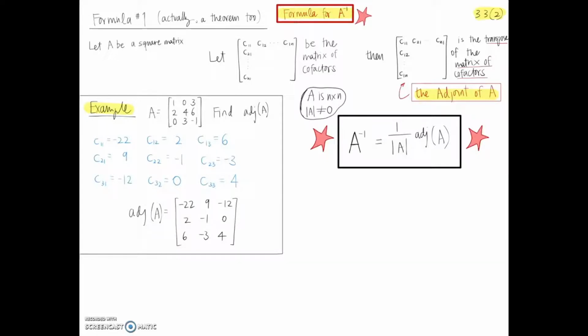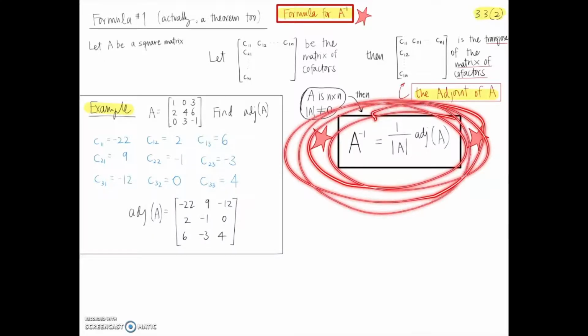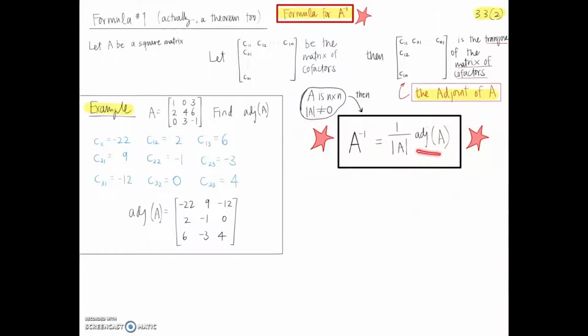If it is, well, we'll see, it's not invertible actually. Okay, if that's true, then this is the formula for A inverse, and it only relies on finding the adjoint and the determinant of A.